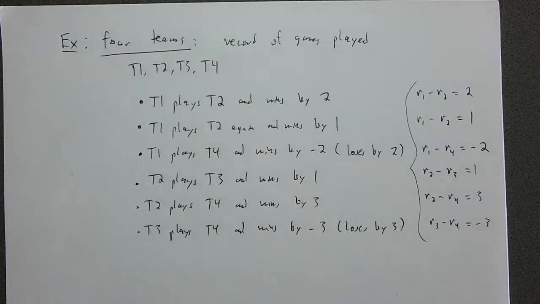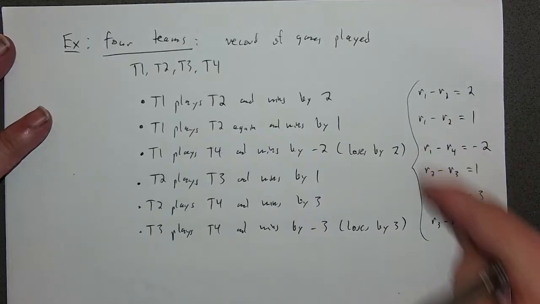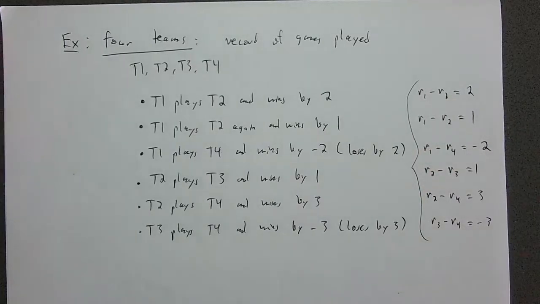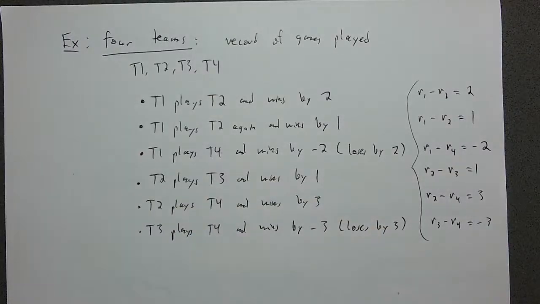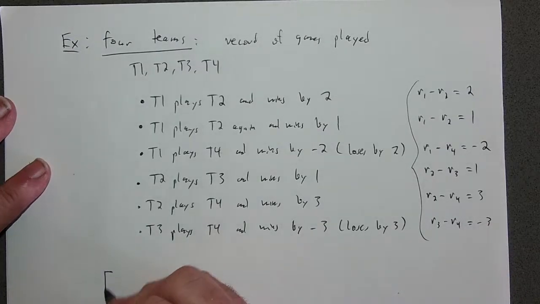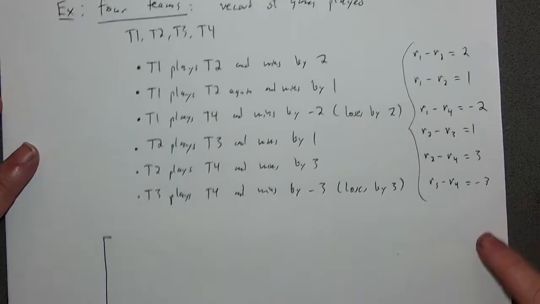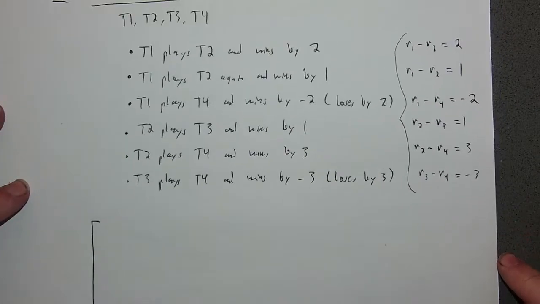So if I were to try to solve this, what would it look like? I'm just going to write this out now. I have 4 teams. Writing this out as a matrix equation means that I have the following matrix. So I have R1, R2, R3, and R4, that's what the columns indicate here.